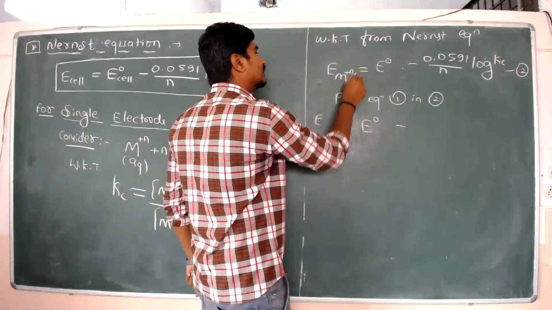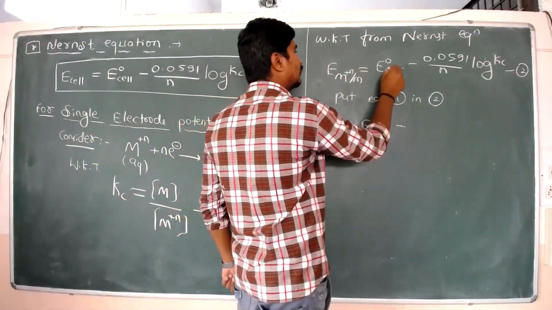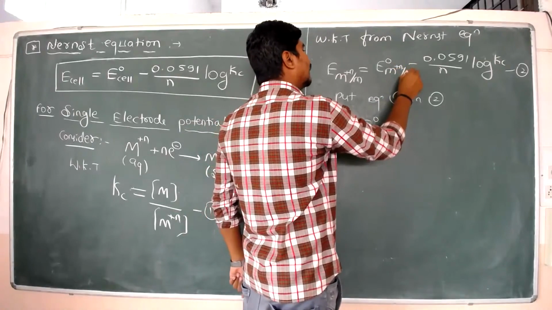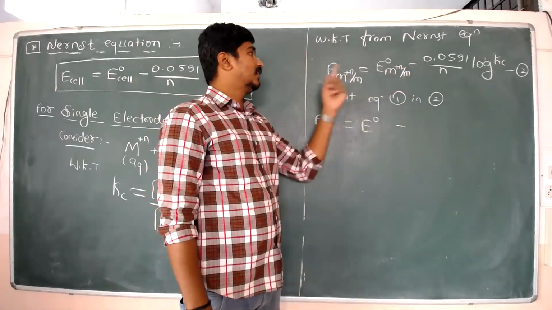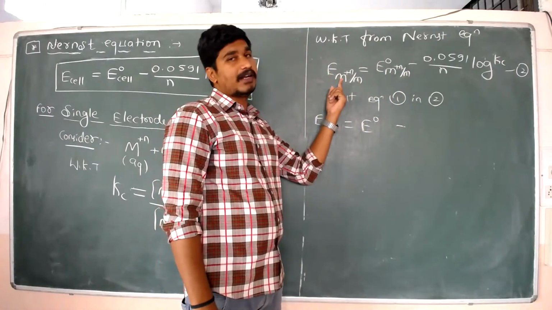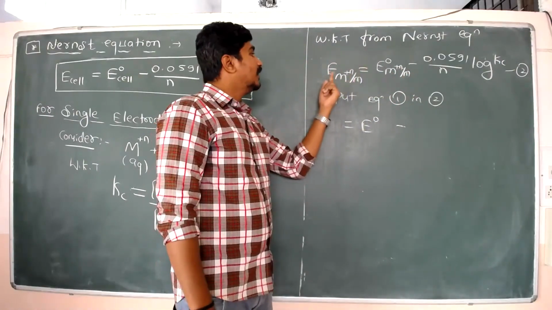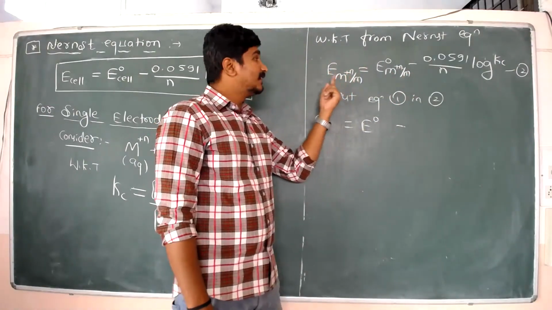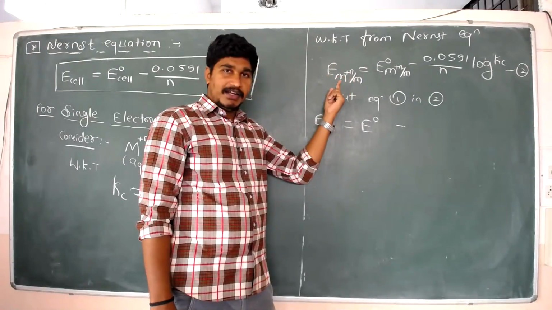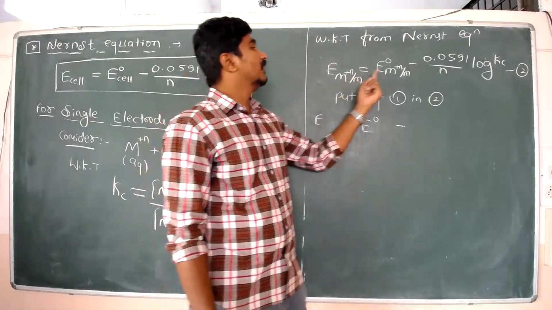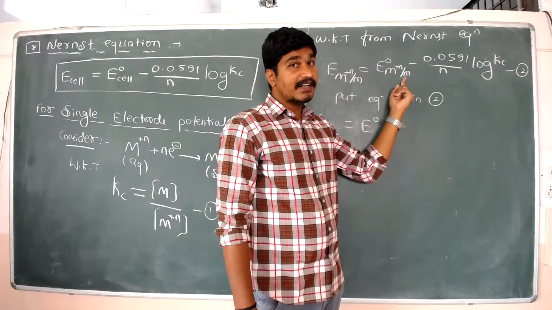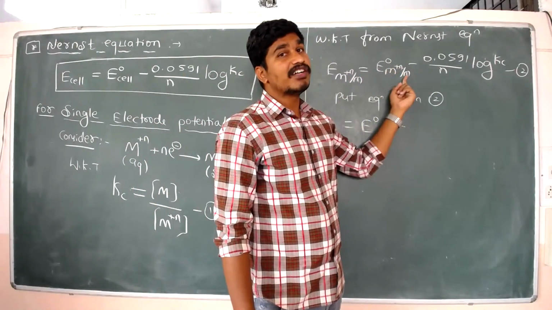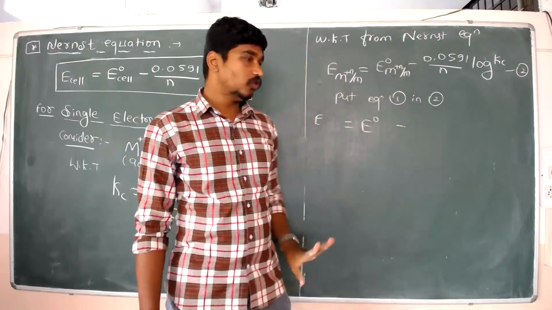Here also M plus n, standard reduction potential of the metal M. Here E of M plus n by M means it is the reduction potential of the metal at any concentration. Right? Now here standard E naught of M plus n by M means it is the reduction potential when the concentration of the metal ion is exactly equal to 1.